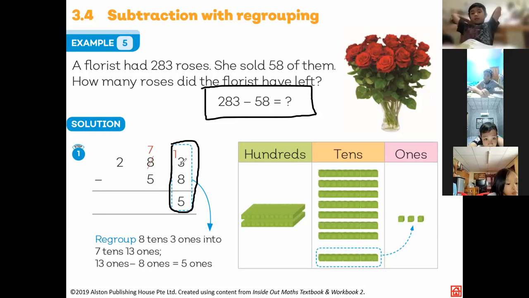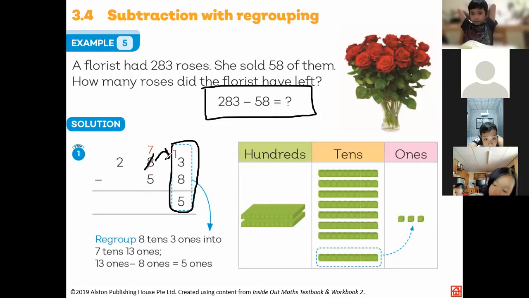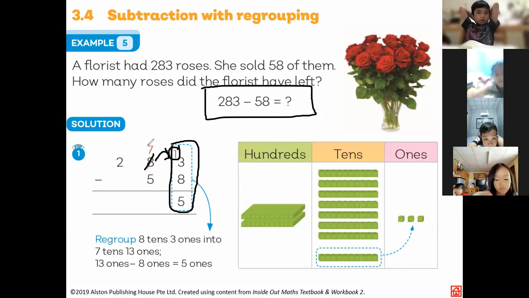So how are we going to do that? So what we're going to do is we will borrow 1 from here, okay? So we will cancel number 8, and then the 8 will become 7 because we borrow 1 from number 8.